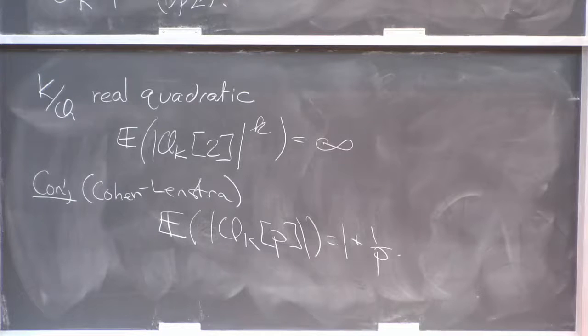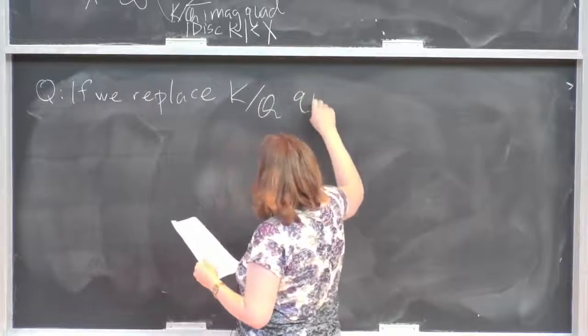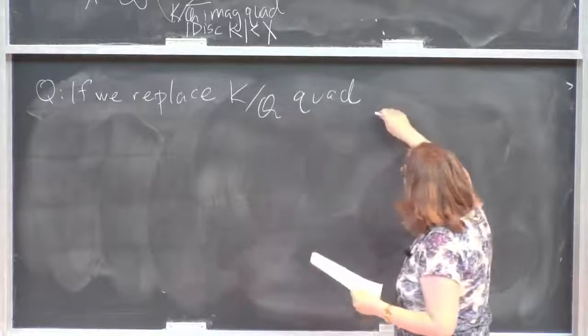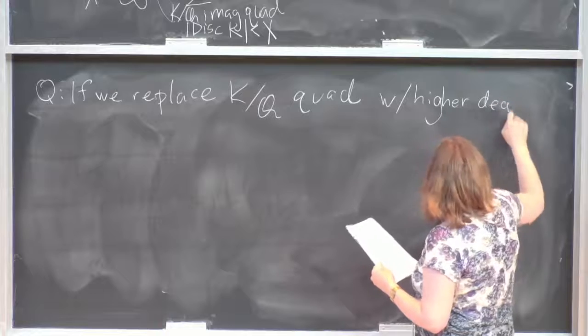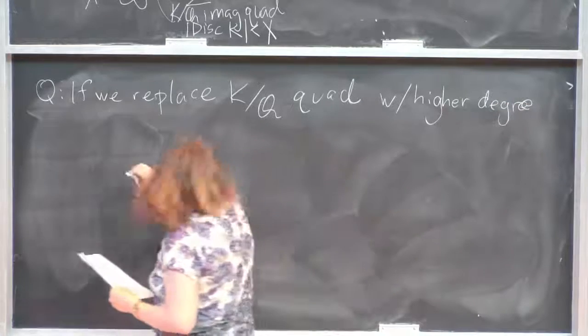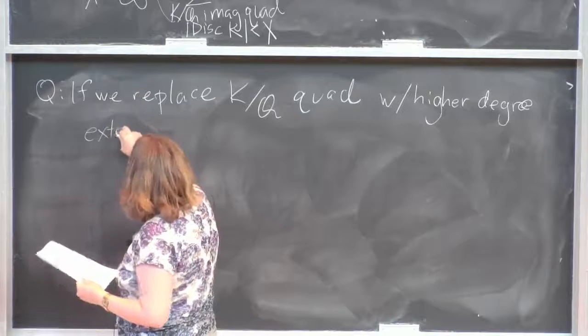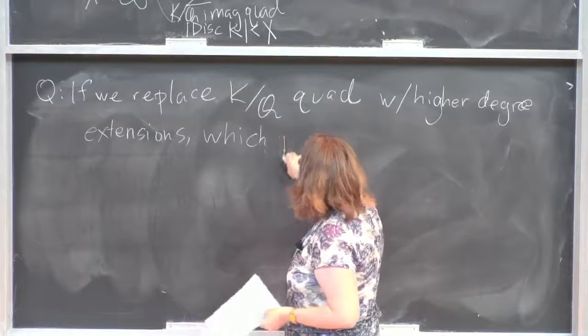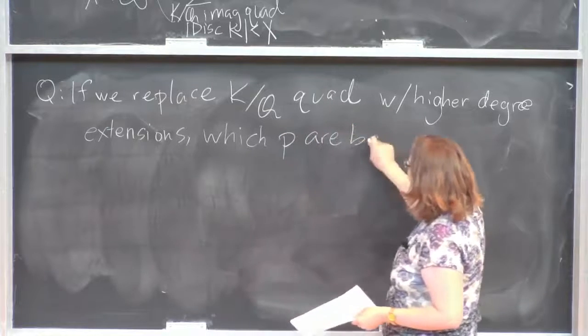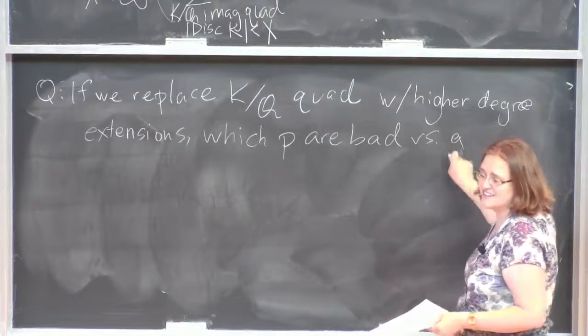So the question that I've been thinking about is, if we replace these quadratic extensions, our k over q quadratic, with higher degree extensions, which p are bad versus good.